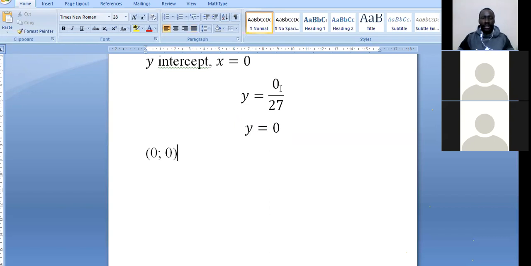What else do we need? Well, let's consider having one more point, just to help us have a fair picture of how our graph is going to look. So just taking any point, we say one more point.